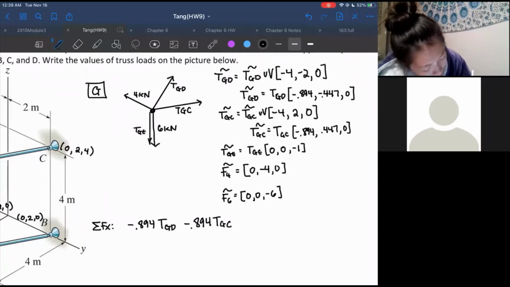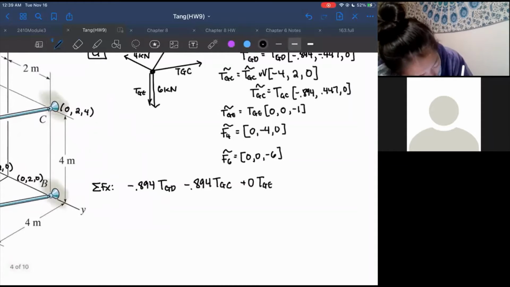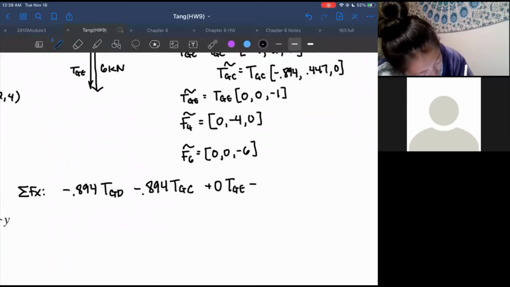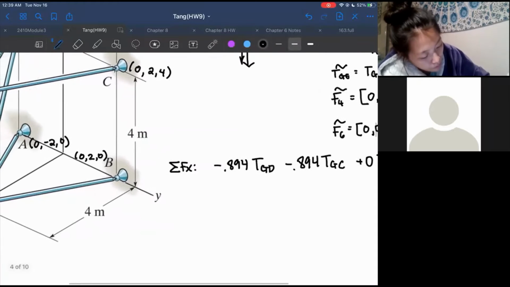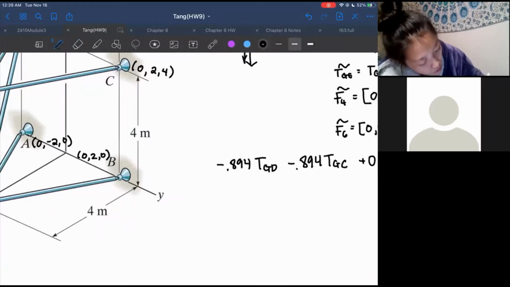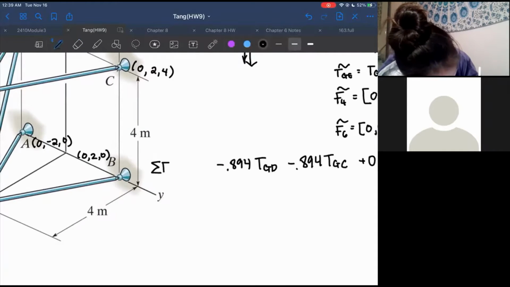So that is going to be 0, so it'll just be plus 0 TGE. Let me just fix this. Right. Sigma F of x equals 0.